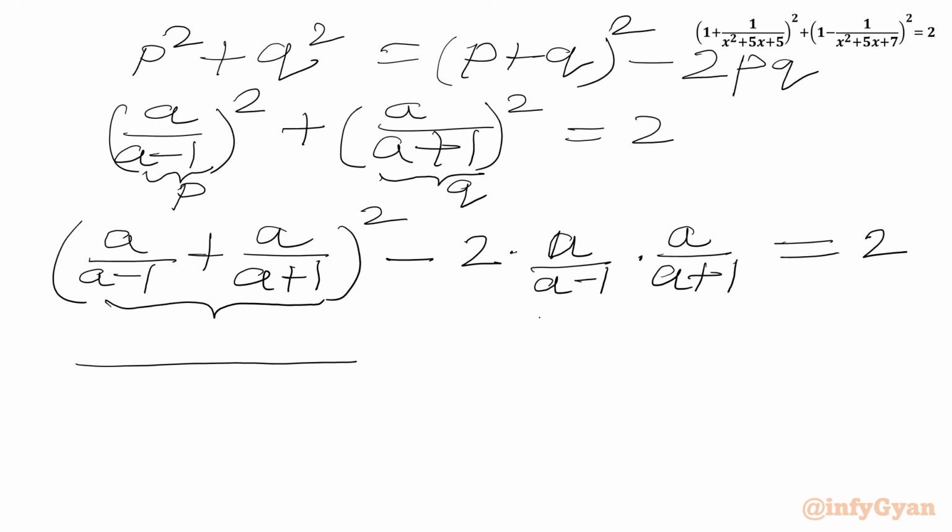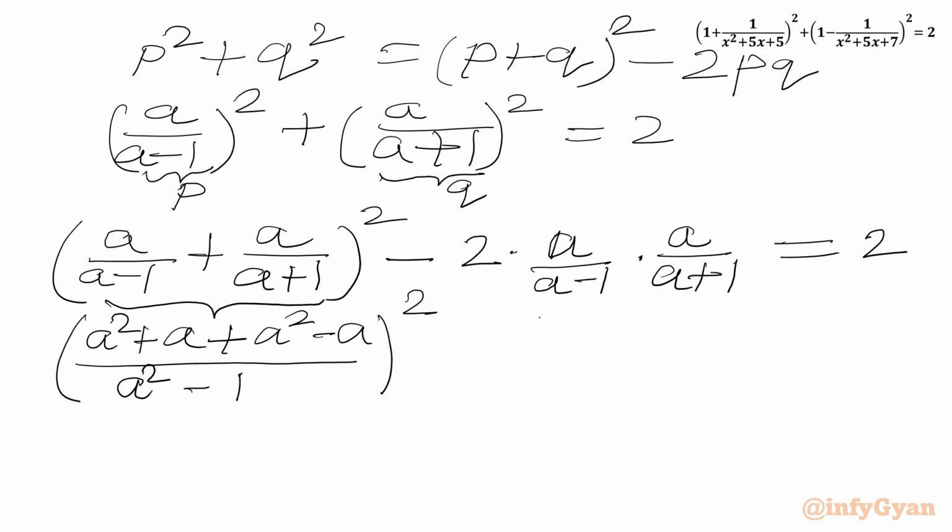In denominator we will get a minus 1 times a plus 1. There we will use difference of two squares formula, so denominator will be a square minus 1. In numerator we will write a square plus a square minus a. Then we have to put part 2, minus 2 times a, 2a square over a plus b times a minus b, a square minus b square.